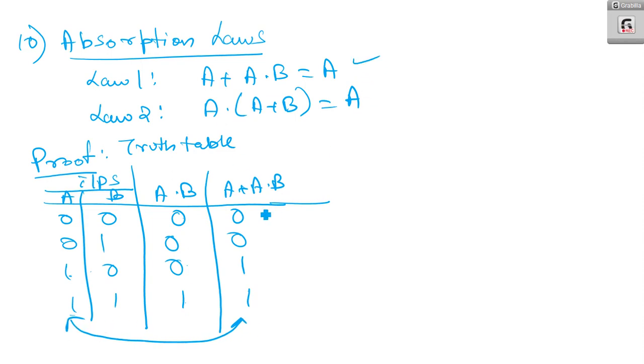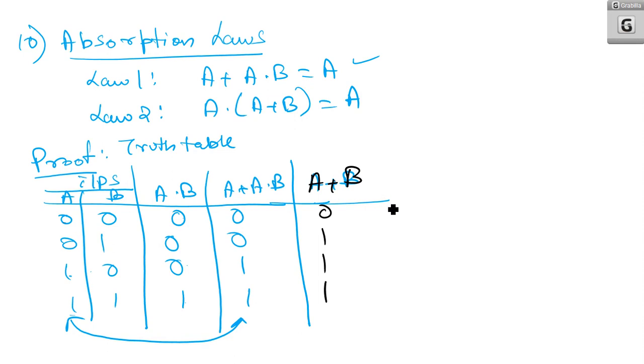Now second one, you need to go for A or B. What is A or B? A or B is 0 or 0. 0 or 0 is 0. 0 or 1 is 1. 1 or 0 is 1. 1 or 1 is 1.